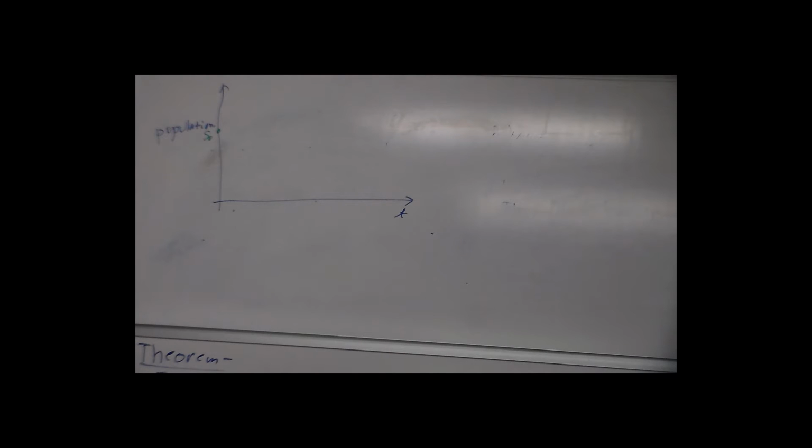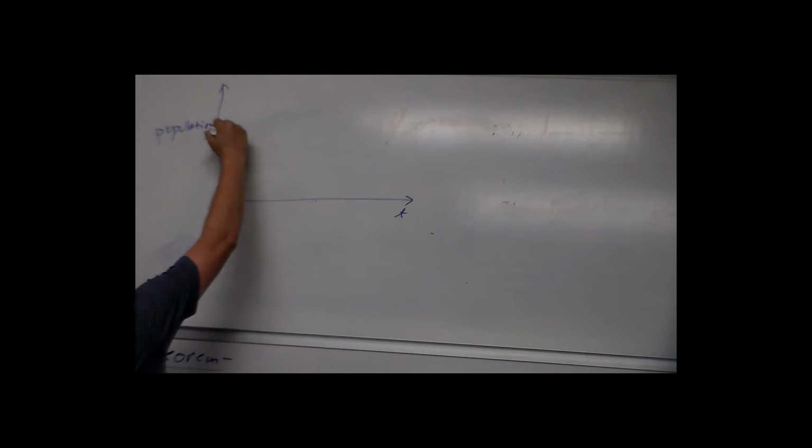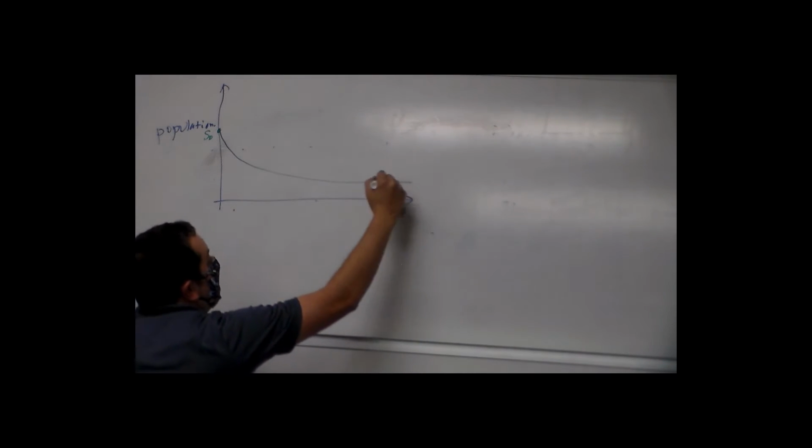What should it do? Decrease. Good, we know it's got to be going down. And then what? Flatten out. It's decreasing and bounded below by 0. So the S of t has to look something like this.